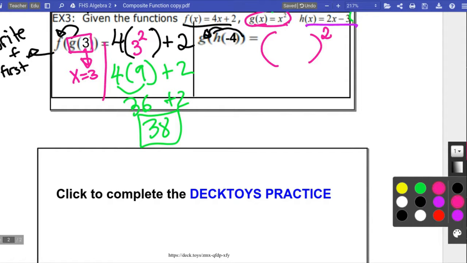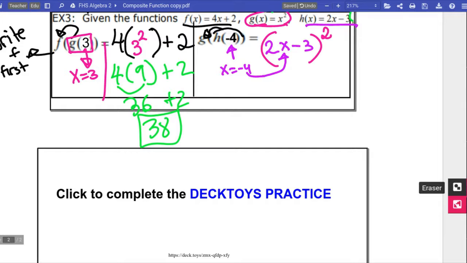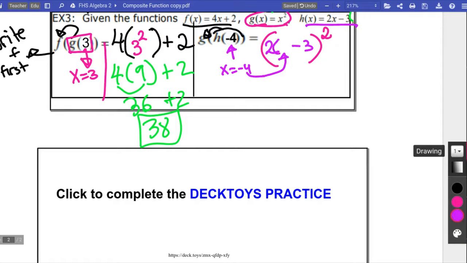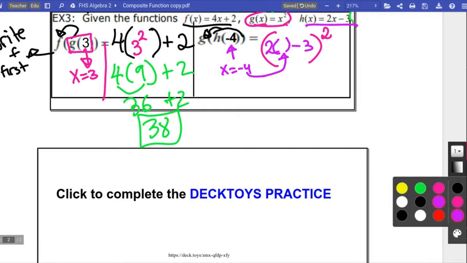Now, the h, you're going to have to be specific about the h, because first you can write it like this, and then you're going to have to erase because the x is negative 4. So this negative 4 really needs to be in here. You with me? So let's take that off and put another parentheses. You might even be specific with a different color, whatever you want to use.